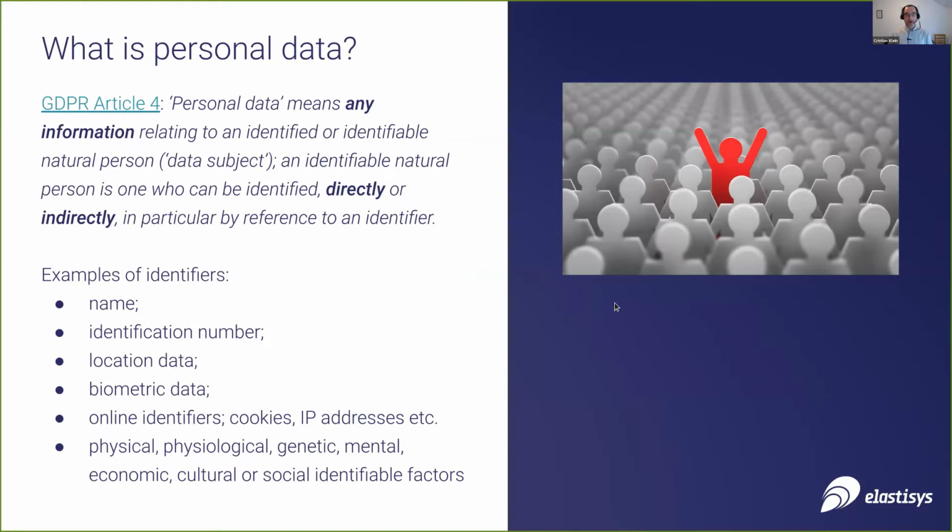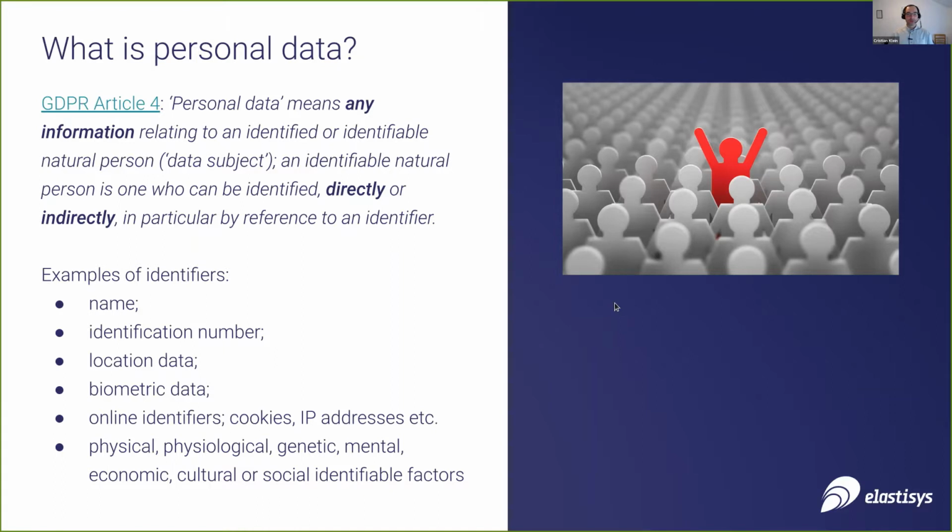So, for example, online identifiers such as cookies and IP addresses can be used to indirectly identify a natural person. And in fact, the European Court of Justice has ruled that IP addresses are personal data, so you need to be careful in the way you're collecting and processing them.